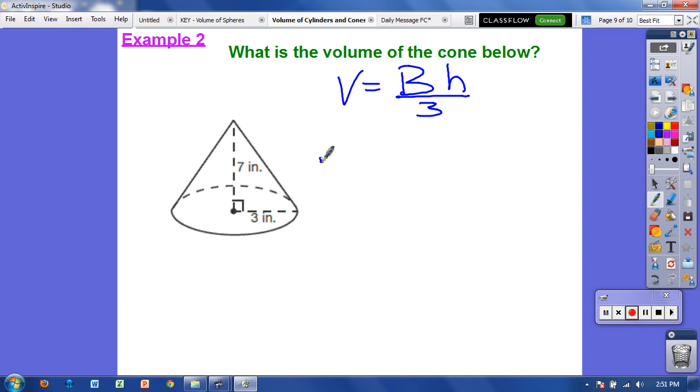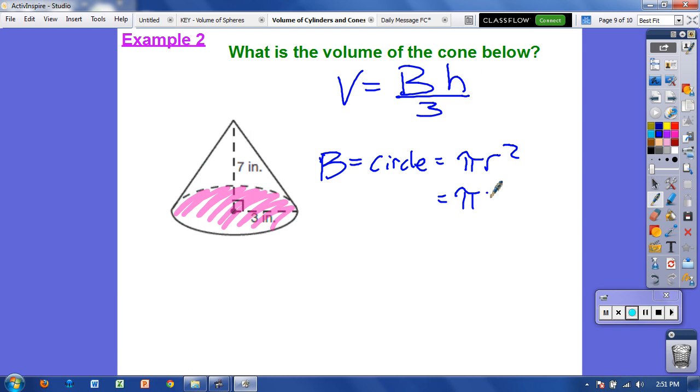First we'll shade in the base. Our base is a circle down here. The area of that base, the base is a circle, and so to get the area of a circle, we need pi r squared. The radius of this circle is 3.